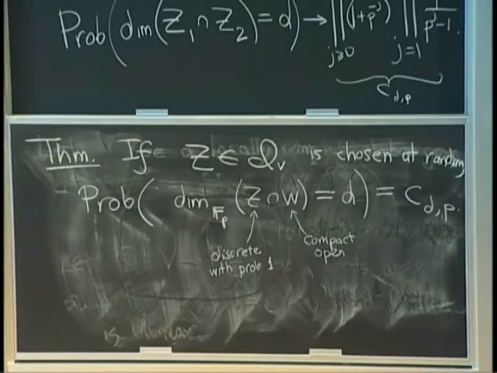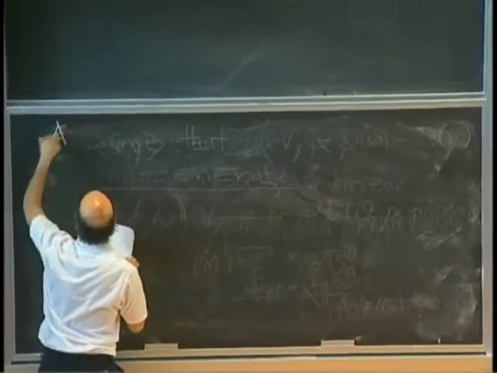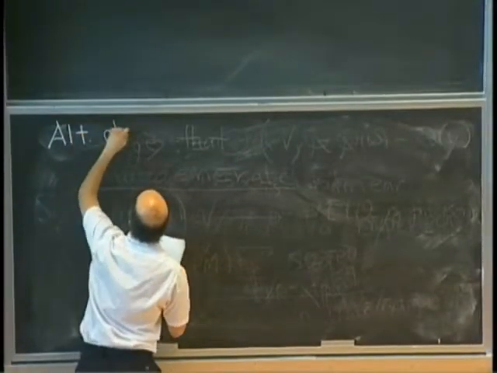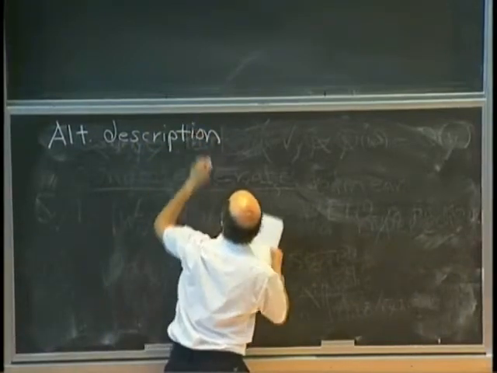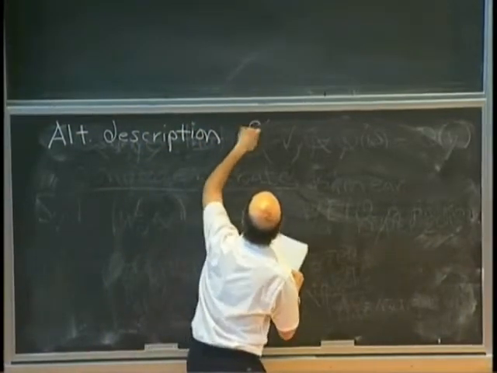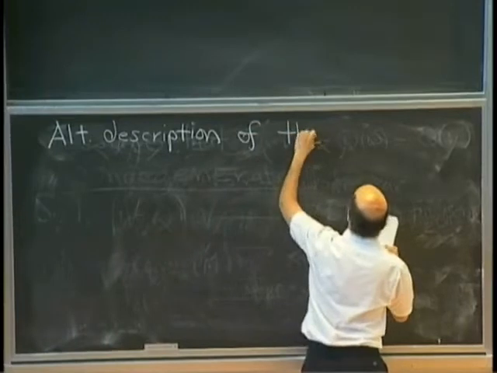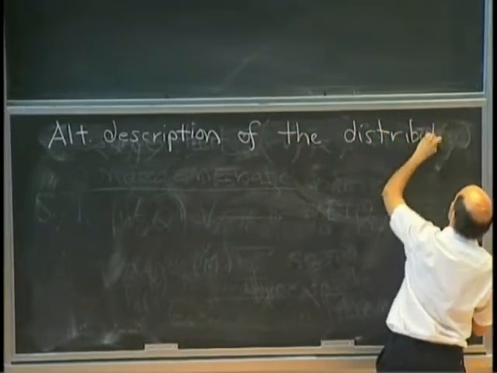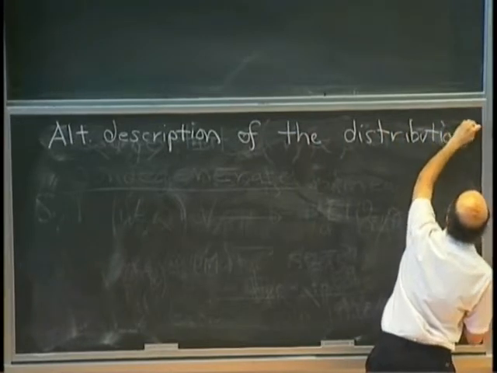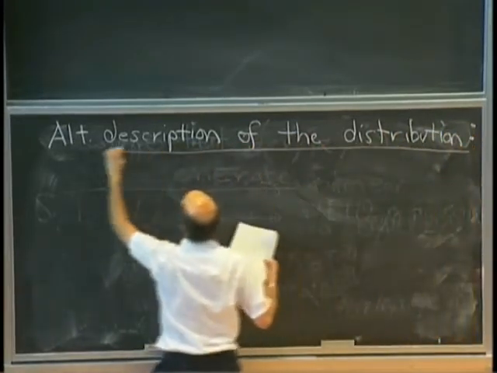So there's another description of this same distribution that's maybe the easiest one of them all, maybe not quite as natural looking, but there's an alternative description of this distribution on non-negative integers.